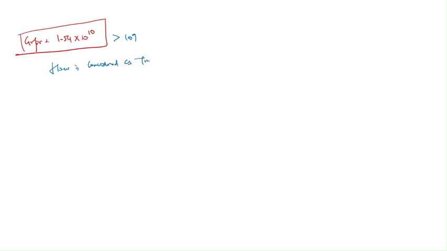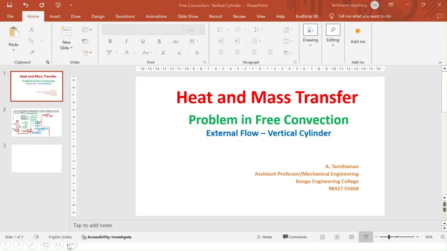Turbulent, because it is greater than 10 to the power 9. So we find the column in the turbulent condition.